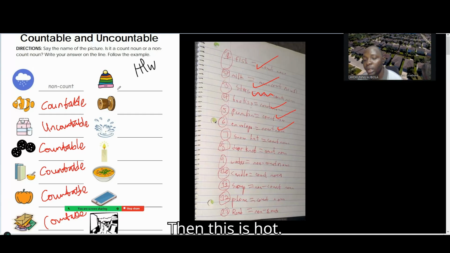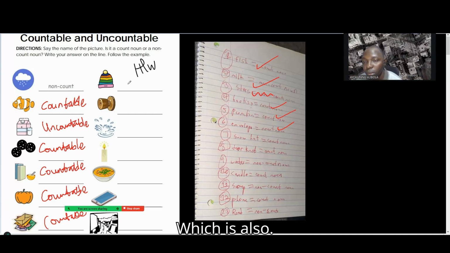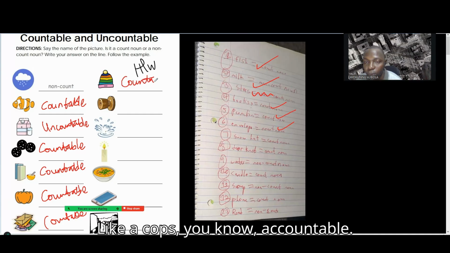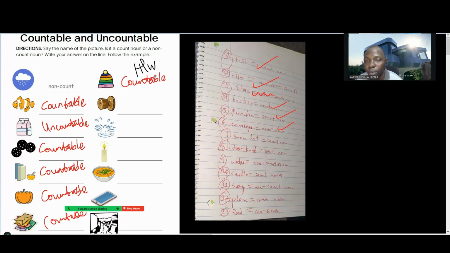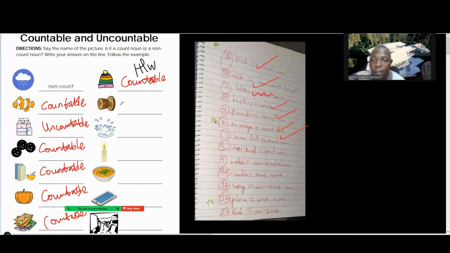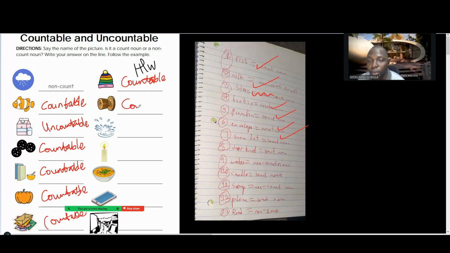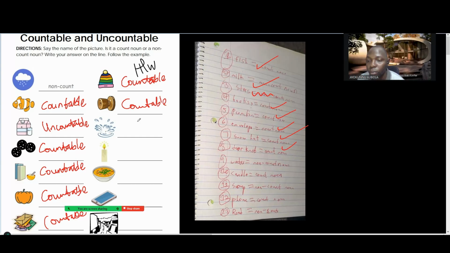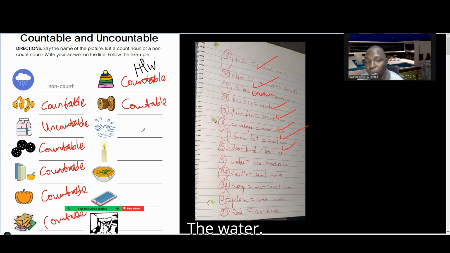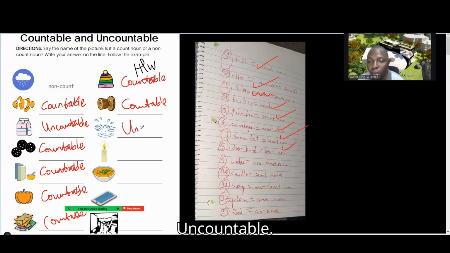Then this is hat, which is also like a cap, countable. Then doorknob, it's also countable. Then water, uncountable.